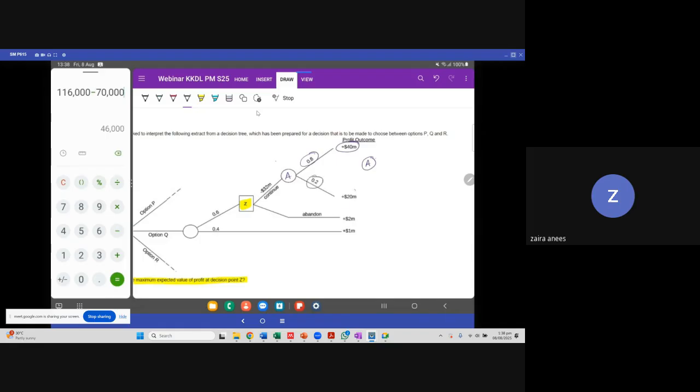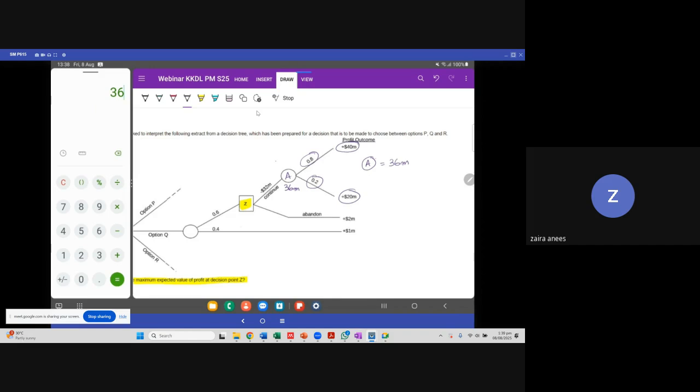There are 20% chances that profit will be 20 million, right? There are 40% chances that the profit will be 80 million and there are 20% chances that the profit will be 20 million. So the answer is 36. Right?